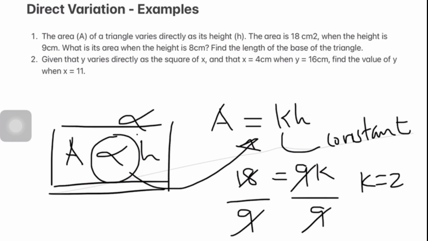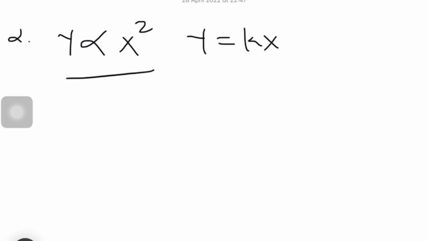So we have x is equal to 4 centimeters, and y is equal to 16 centimeters. So first of all, y varies directly as the square of x. And then from here, we'll have y is equal to kx squared, right?